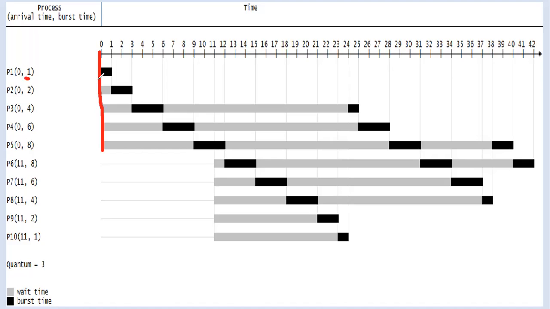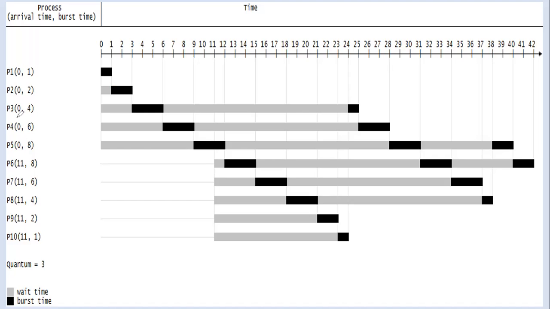All that time, process P2 will be waiting. As you can see here, it is waiting. It will have waited for 1, and then it will be processed for a burst of 2, or for time 2.